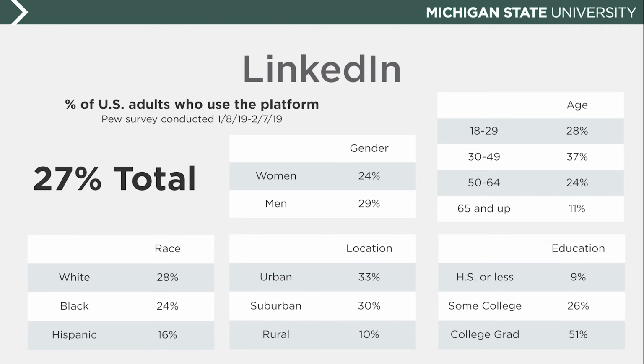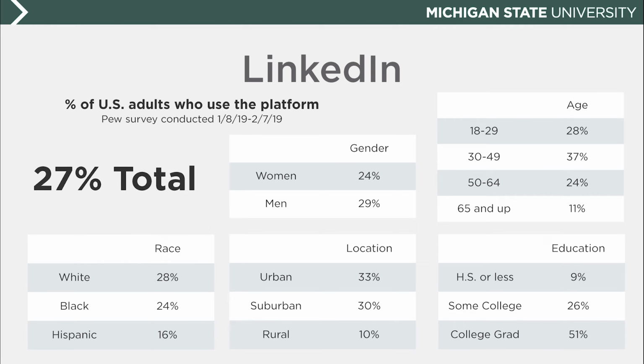LinkedIn, only 27% of US adults use the platform. It's pretty even in terms of gender, fairly even in the younger age ranges, but again, not a highly used platform among the 65 and up group. And you can see here it's used by a majority of college grads.